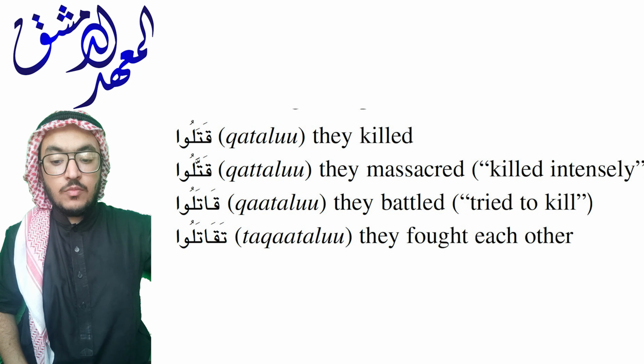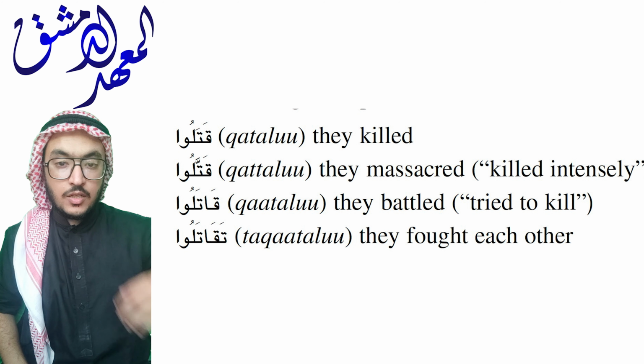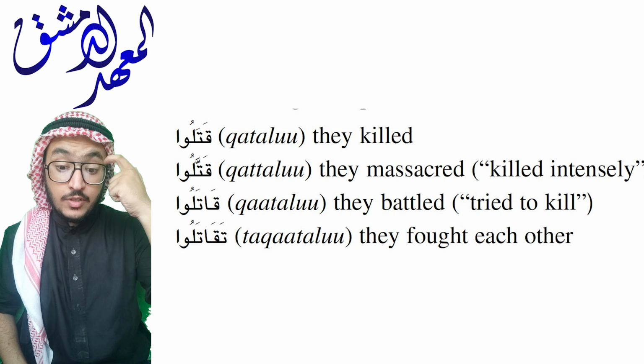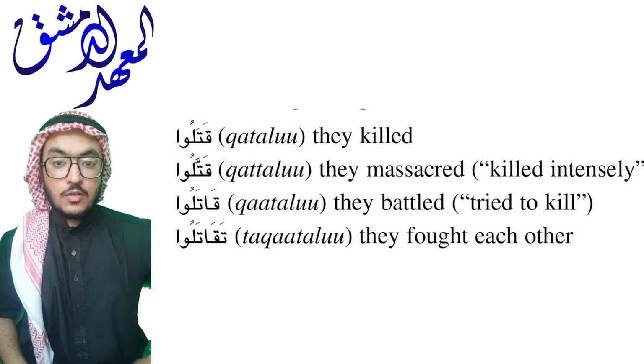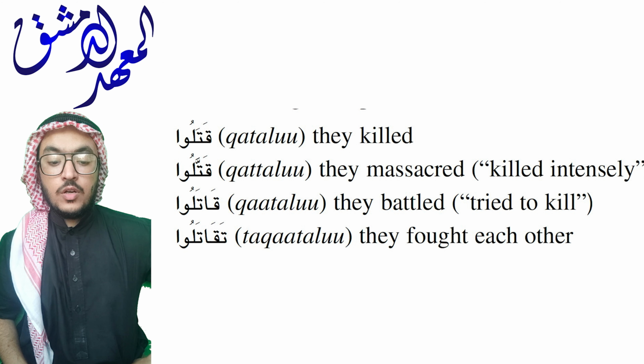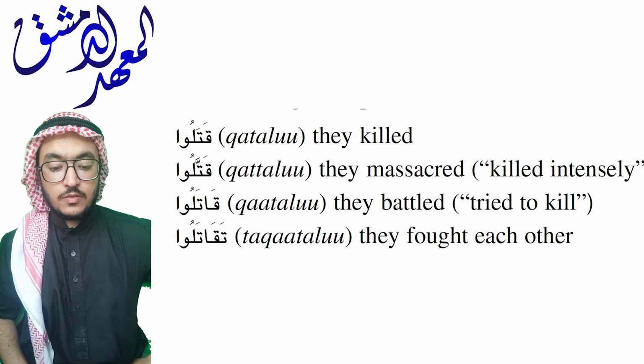For example, the verb qatalu, they battled, shown in the examples earlier, would be referred to as Form 3 by the Arabists, but as pattern yufa'il by native speakers and Arab grammarians. In the following videos, we will refer to the forms by their numbers with the fa'al pattern in brackets.